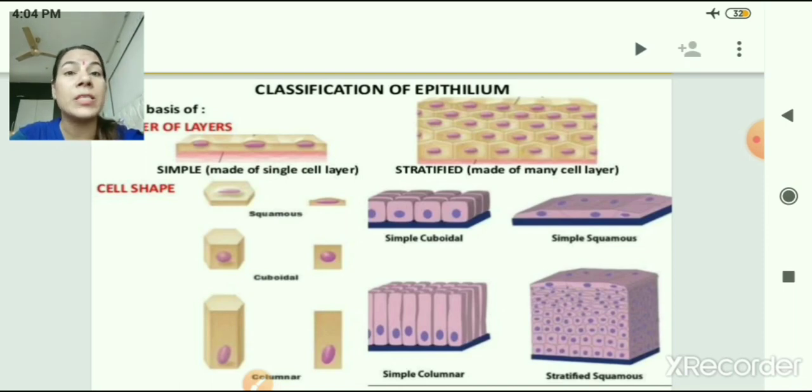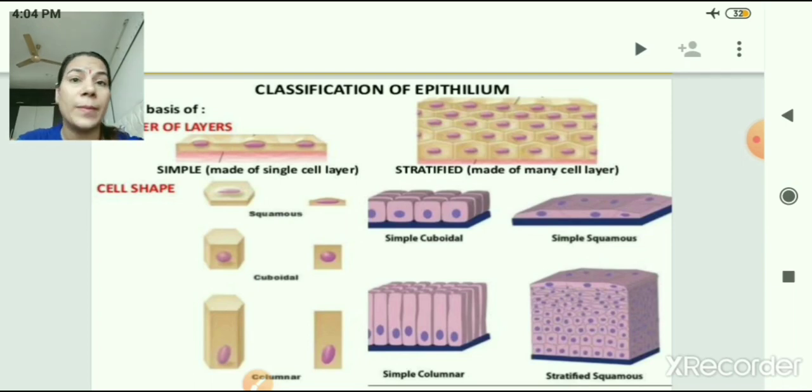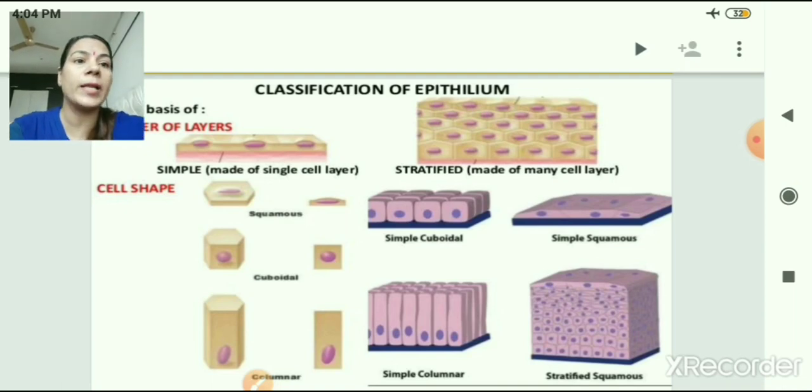But if the cell shape is columnar, like tall pillars, it will be called columnar epithelial tissue. So on the basis of layers and cell shapes, we can broadly divide epithelial tissues into four categories: simple cuboidal, simple squamous, simple columnar, and stratified squamous epithelium.